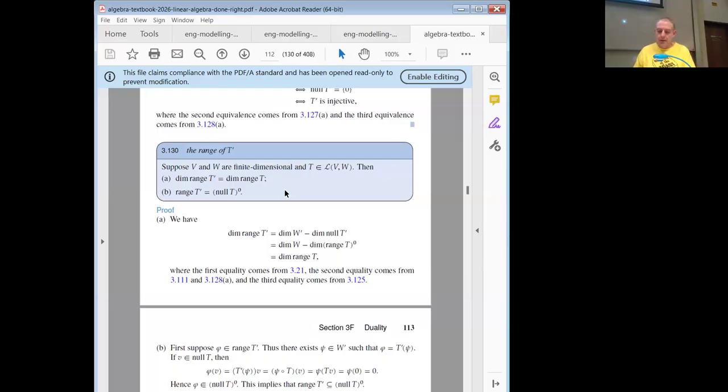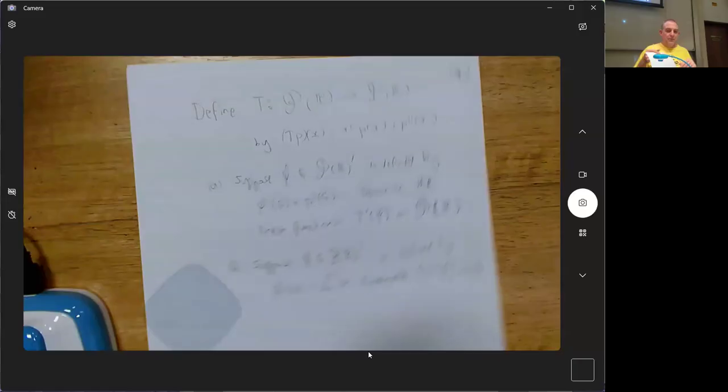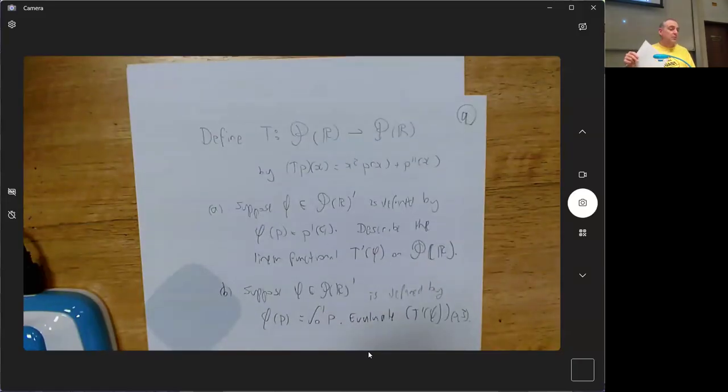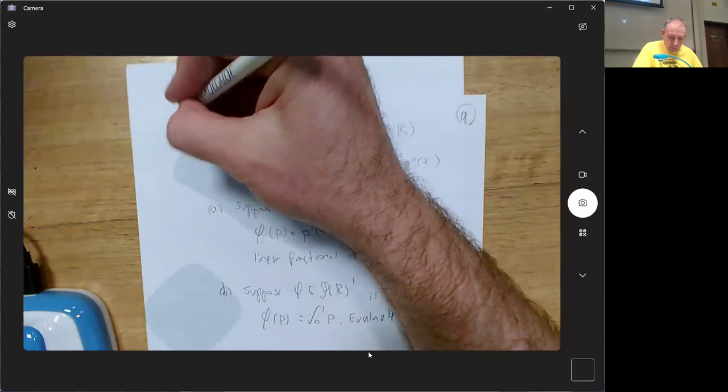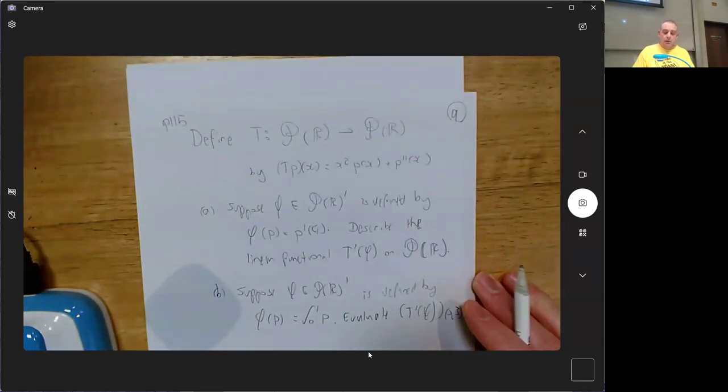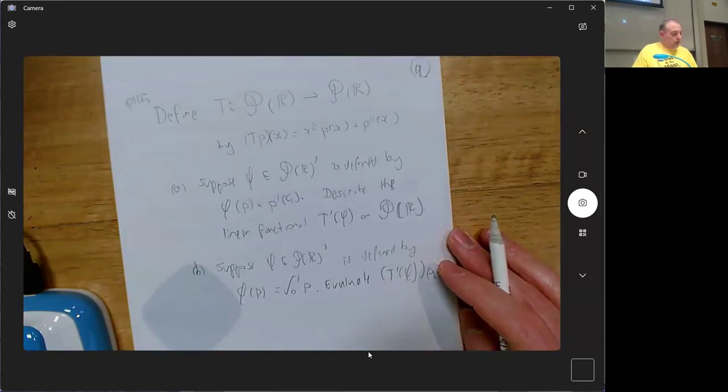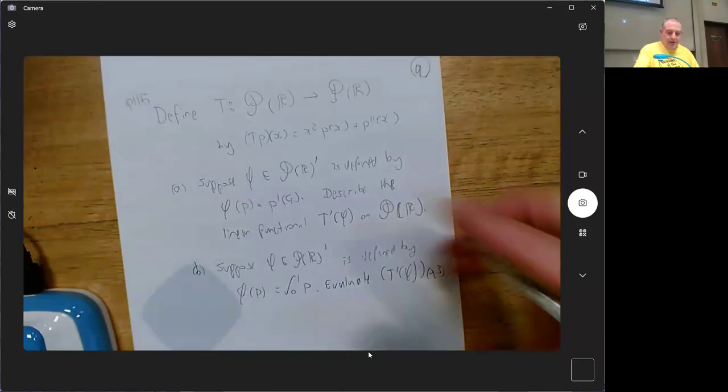Okay, so my question is this, that I've been given, which is, I believe, in the textbook on page something. This was on page 115, and it's question 15.